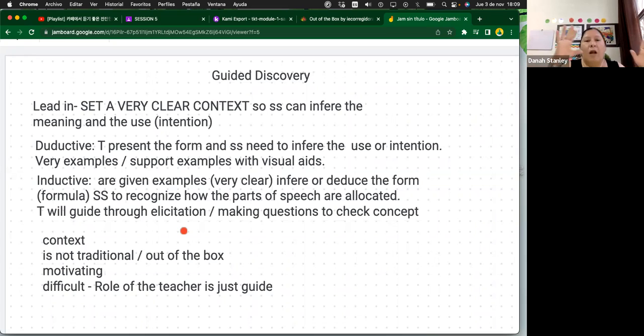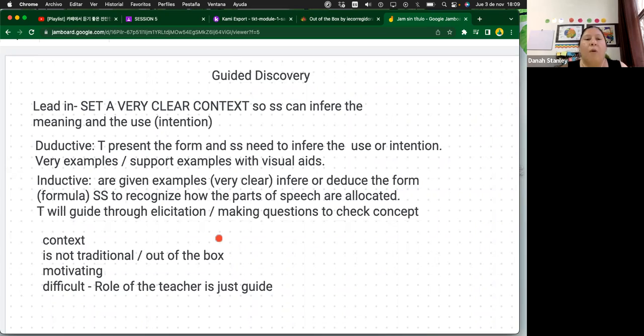The examples are given, which are very, very clear, and they need to infer or deduce the form or the formula. In this case, I teach the form or the formula, and they deduce the use. In here, I give the examples again, but instead of finding the formula, they are going to find the intention, okay?